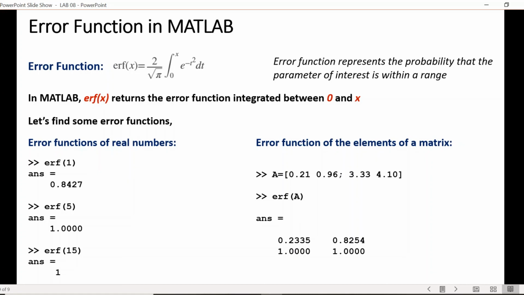In MATLAB, the function ERF determines that. For example, if we like to know the error function of a number, we simply use the function that returns the probability of that number being within the defined range. Similarly, for a matrix, we can determine the error function.